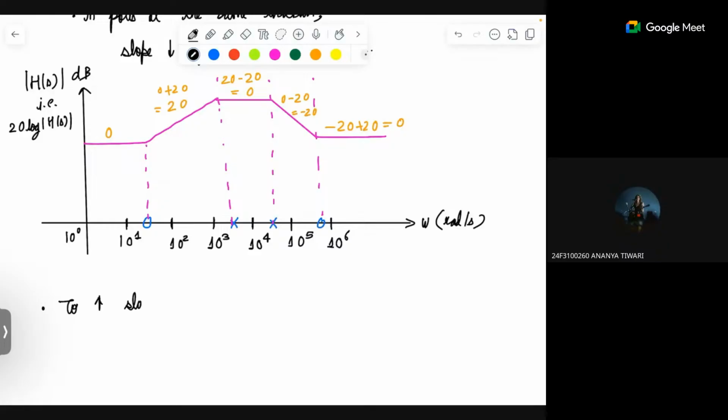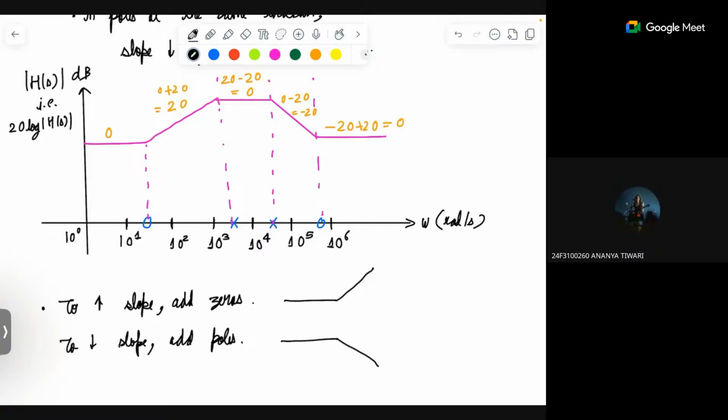To increase slope, add zeros, and to decrease slope, add poles. So if there's a zero, the amplitude was 0, it goes up. If it was 0, there's a pole, it goes down. This is clear now.